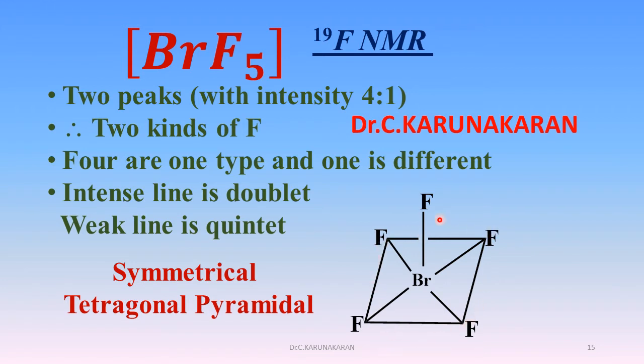The four equatorial fluorine atoms couple with the other fluorine to give an intense signal, a doublet. The weak line is from only 1 fluorine atom, which couples with the 4, therefore n plus 1 gives 5 lines. Therefore, the structure is a symmetrical tetragonal pyramid from NMR studies.